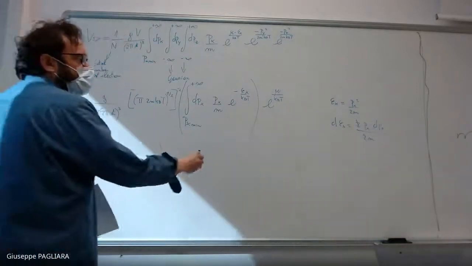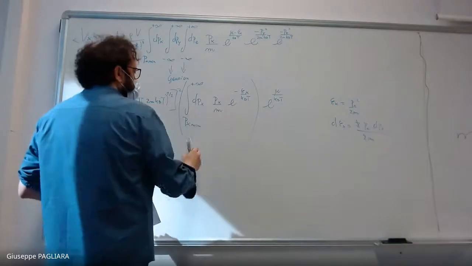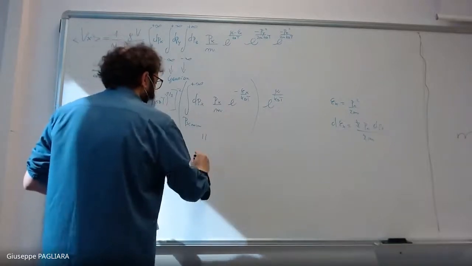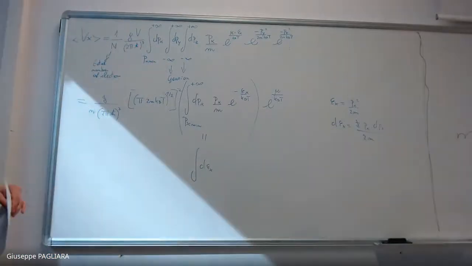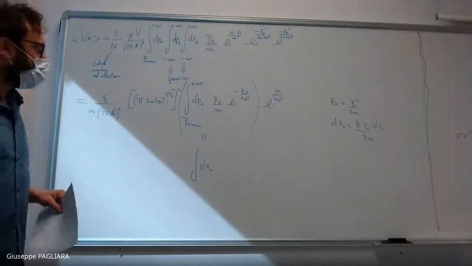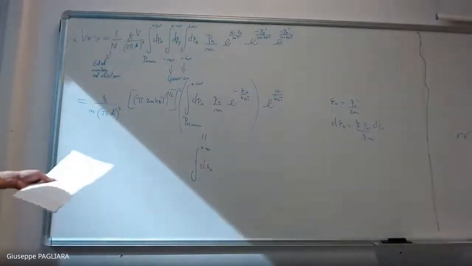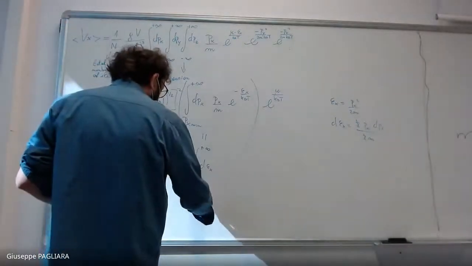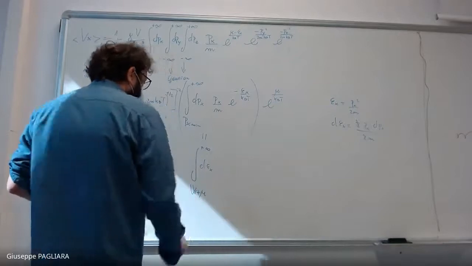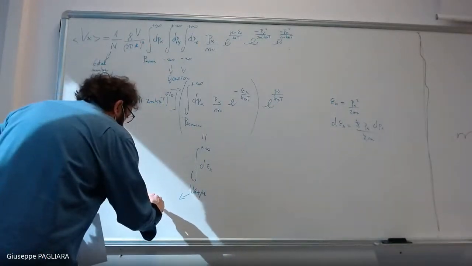So when I see px dpx divided by m, I can just write this as an integral over d epsilon x. And where is this integral running? Here the plus infinity, and here I have the minimum of epsilon x, which is w plus mu. So this is the minimum value.